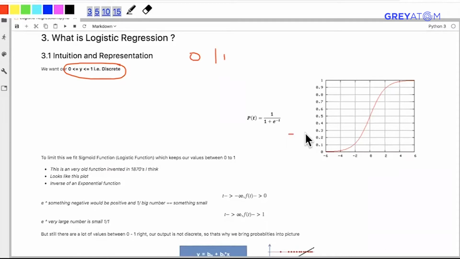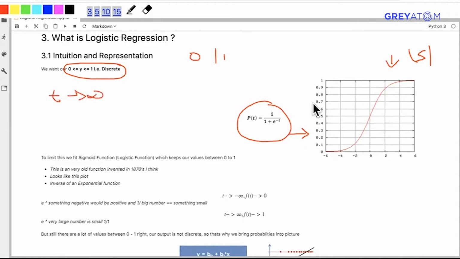So just look at the plot here. This is a logistic function, or a sigmoid function, as it's called, and it goes by this formula. It would always stay between 0 and 1. And how does it stay between 0 and 1? Let's take an example. Suppose your t here is approaching positive infinity.